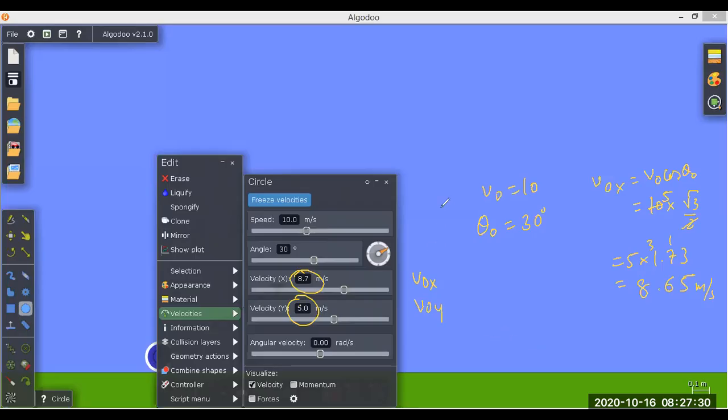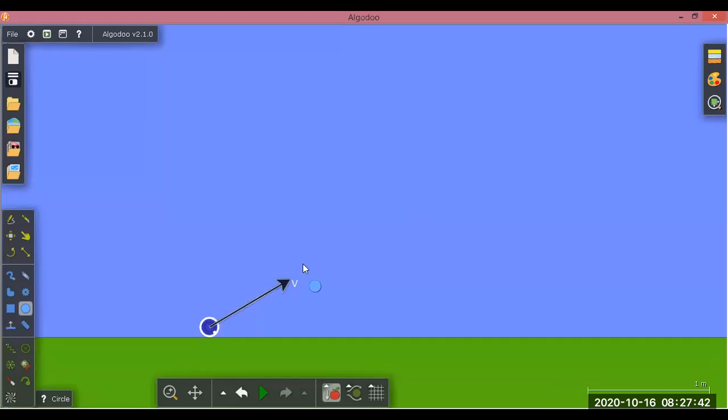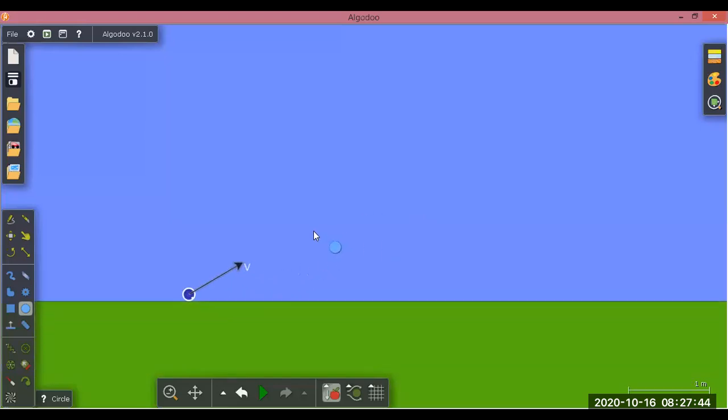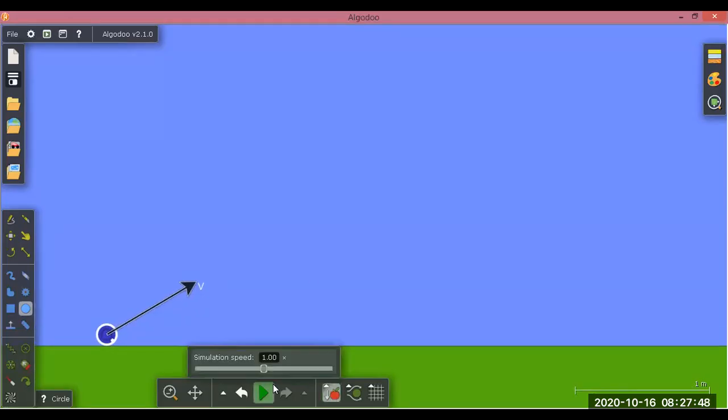Right now, let's start the animation so that all of us can see. My point is actually about the maximum height. What happens when the particle or this object reaches its maximum height? Let's slow this down so all of us can see it carefully.